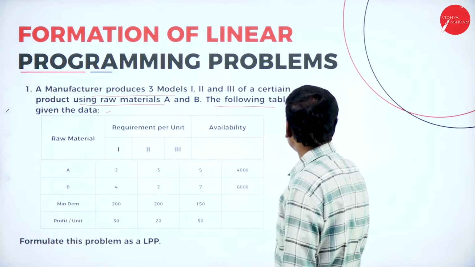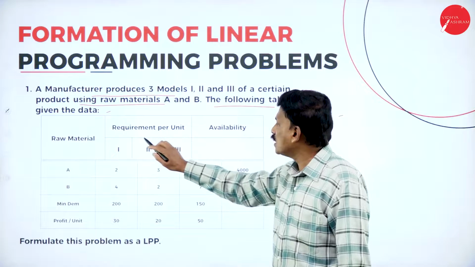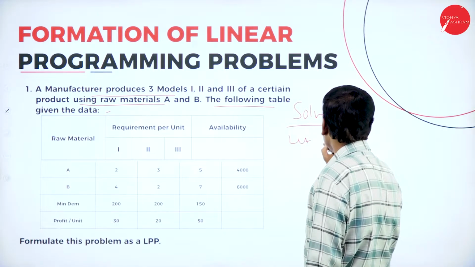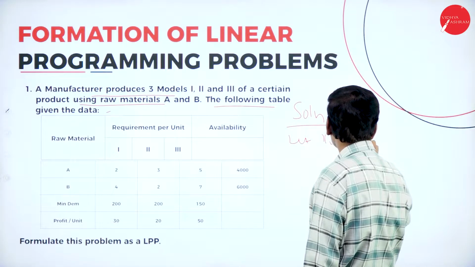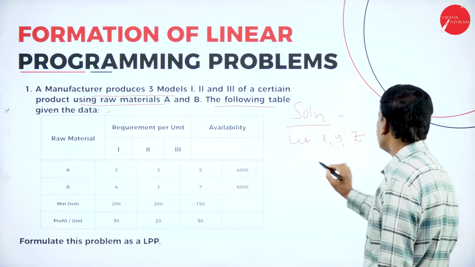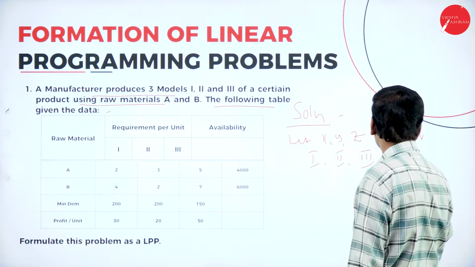Let me solve this problem. Let us define the decision variables for units 1, 2 and 3 as x, y and z. Let x, y and z be the decision variables for first, second and third units.